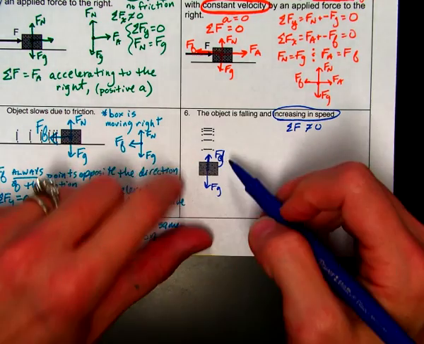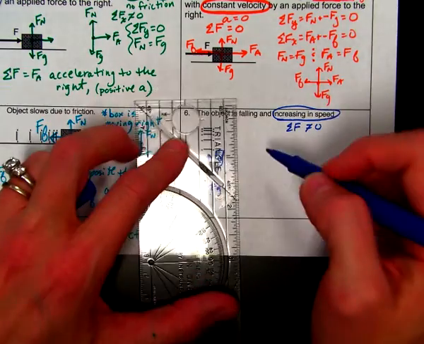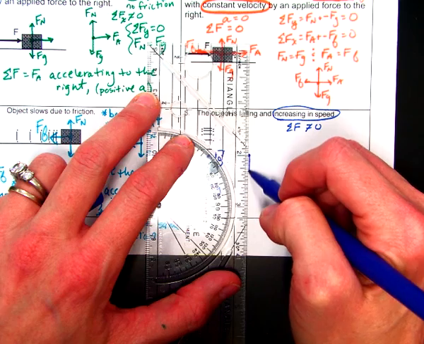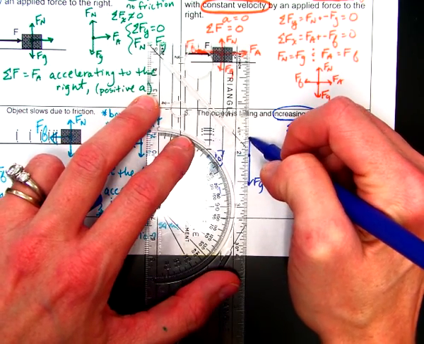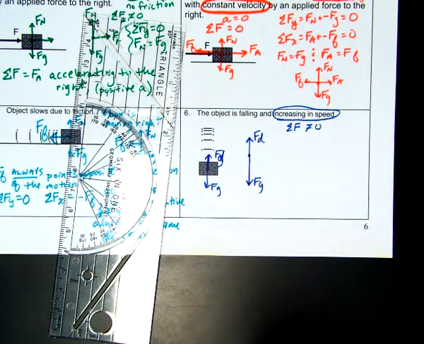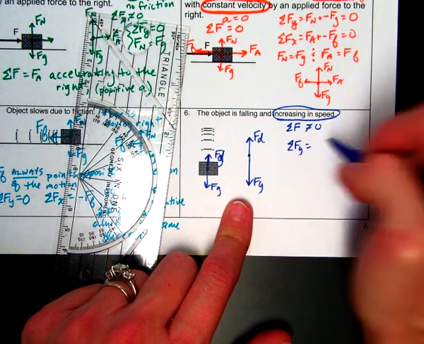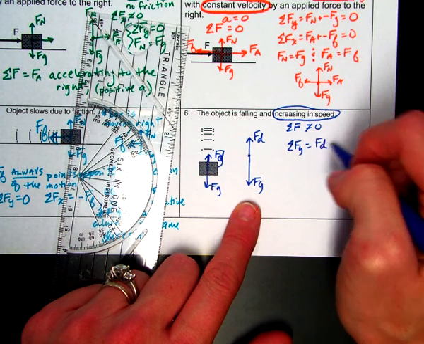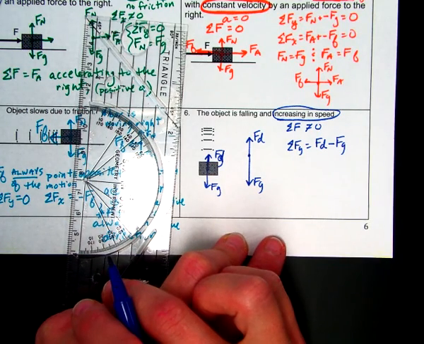And what we know is that the gravitational one, because we're increasing in speed and we're going down, must be bigger. So we have Fg, and we have our air resistance, Fd. Okay, so for the net force in the y direction, we have positive Fd plus negative Fg.